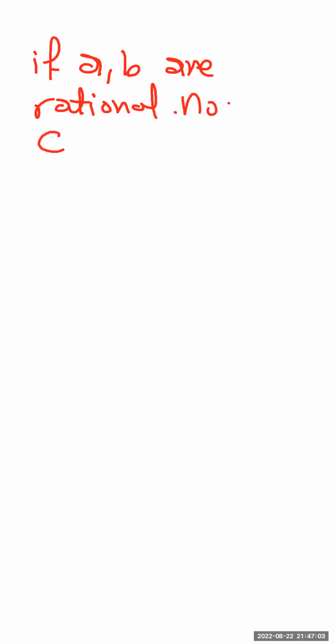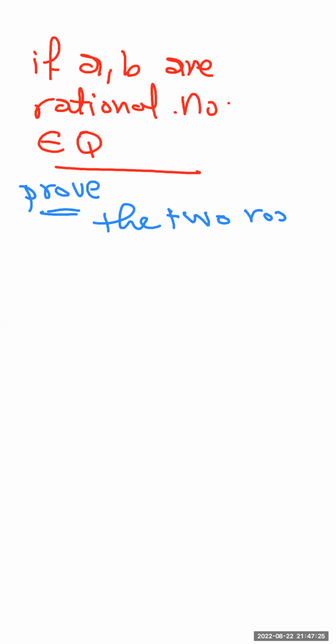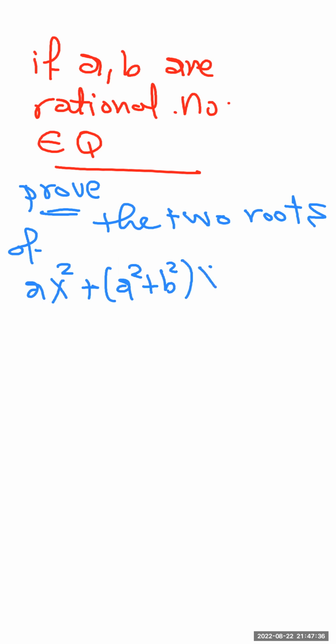In this question, if a and b are rational numbers, in other words belong to Q, because we denote the set of rational numbers by Q, prove the two roots of ax squared plus (a squared plus b squared)x plus ab squared equals 0 are rational.